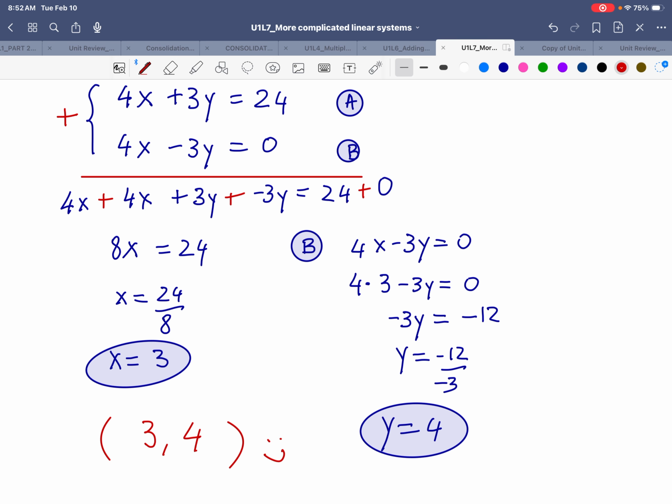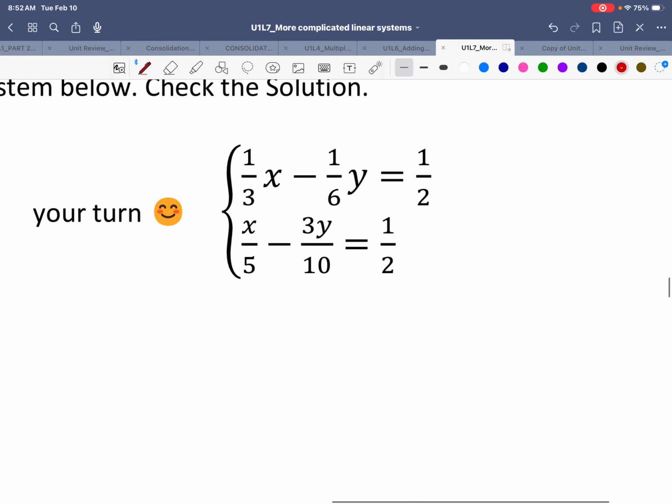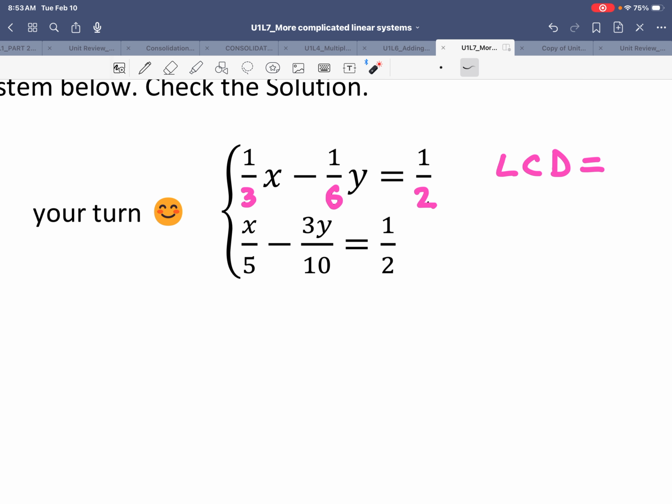Now, I encourage you to try to solve the next system of equations on your own. In the meantime, I will follow the solution right here by first examining the denominator. So we have 3, 6, and 2. So lowest common denominator, so the number that is divisible by all three of them will be 6, the smallest number.